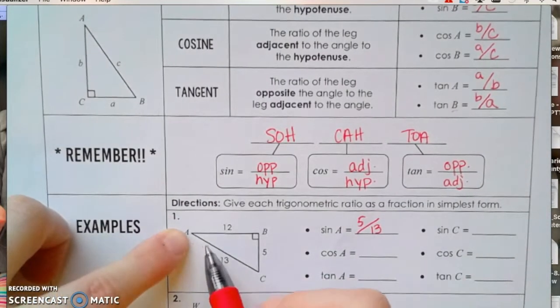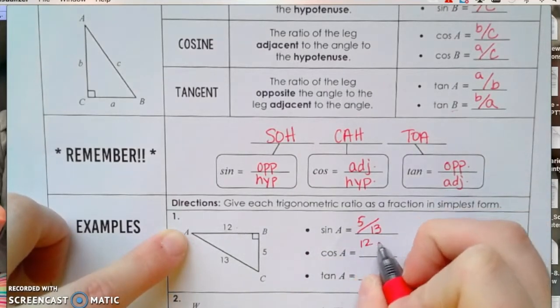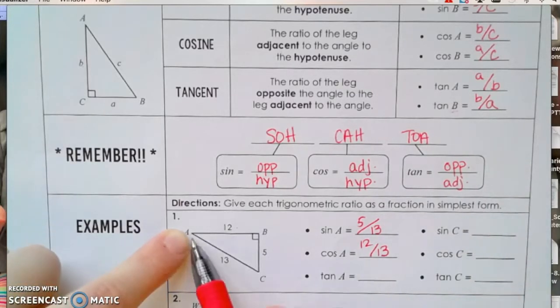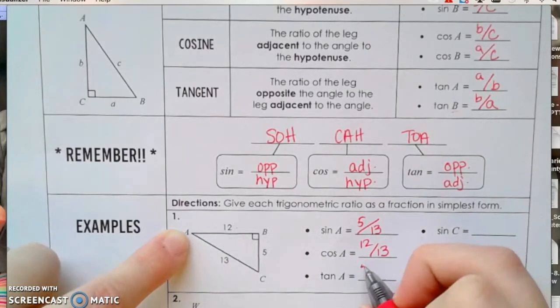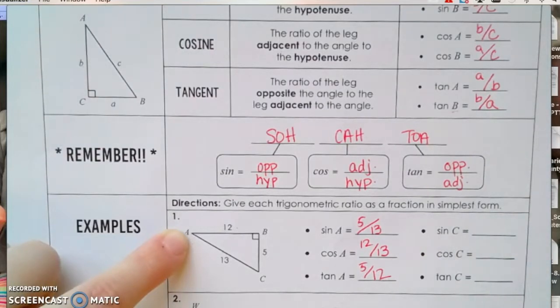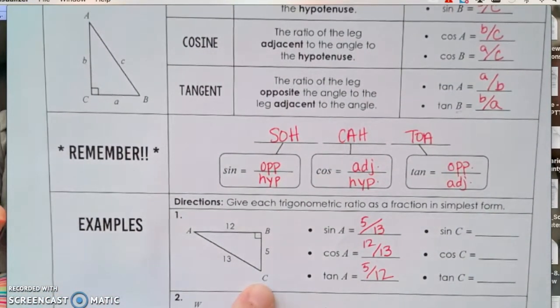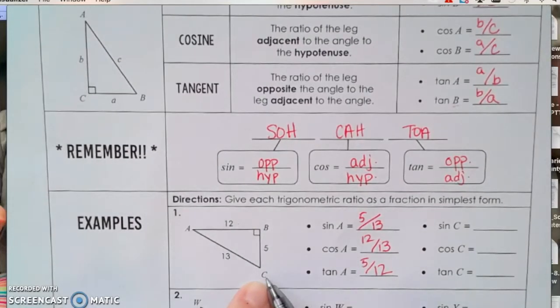Cosine of A, that is your adjacent over hypotenuse. So that would be 12 over 13. And then the tangent of A, that is your opposite over adjacent. So that would be 5 over 12. Sine of C. Well, now we're going to focus on C and use that one to find our ratios.